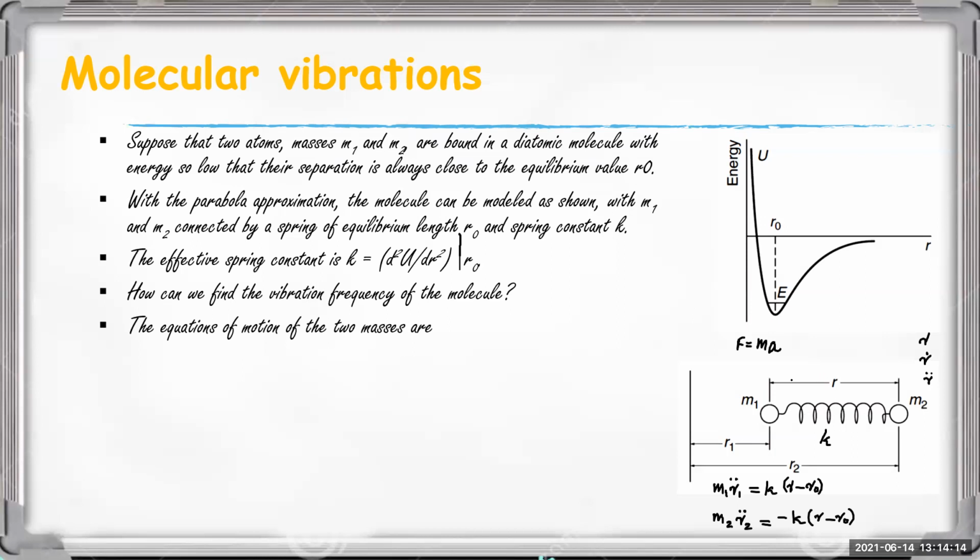In the case of compression, m1 moves in this direction and m2 moves in this direction, in opposite directions.